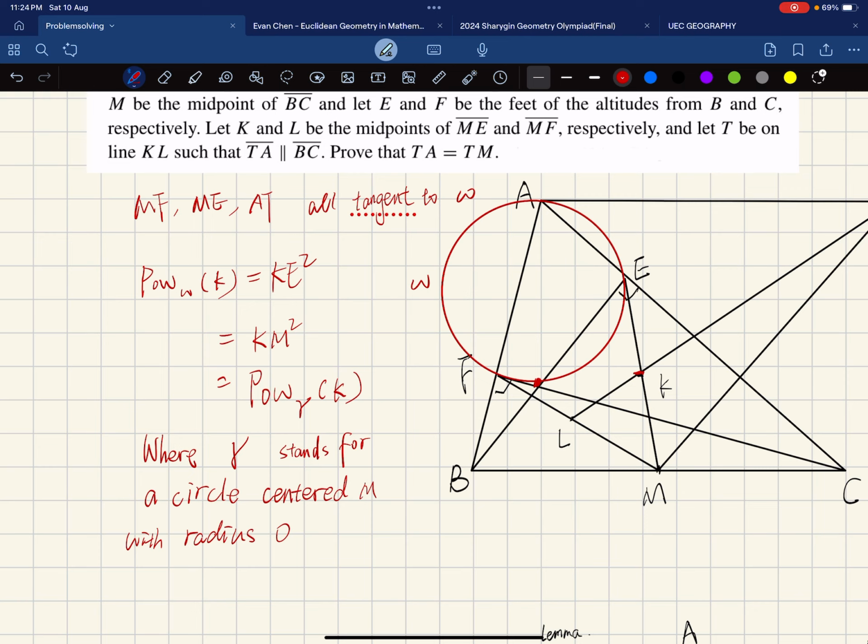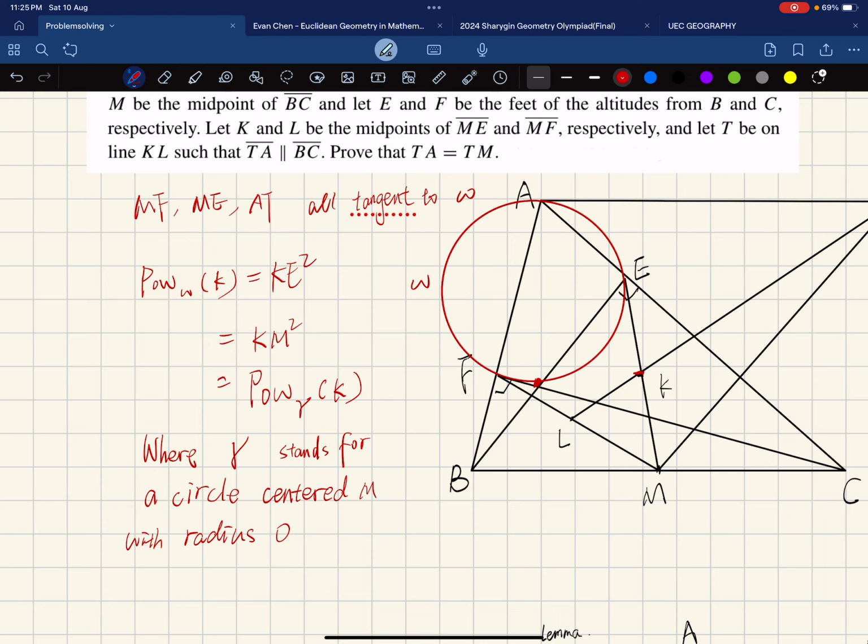So here the point is, if we have one point, what can it be equivalent to? It can be seen as one circle. Remember, this is the most important here. A point can be seen as a circle with radius 0.